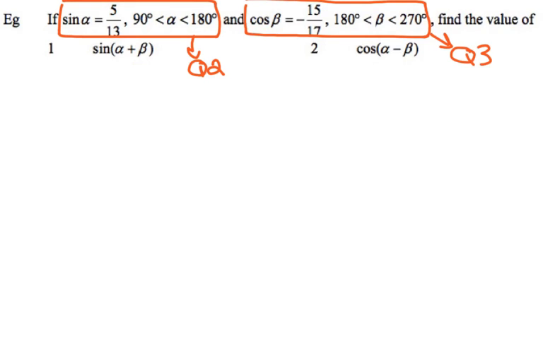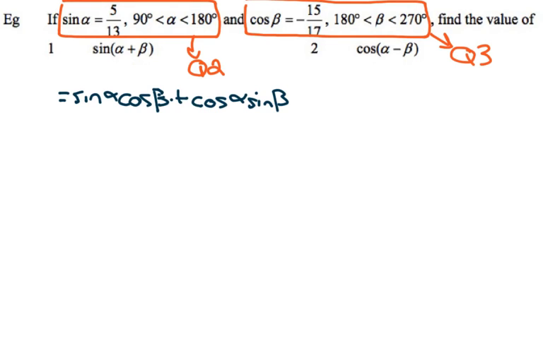Question 1, we have to find sine of A plus B. And in order to do that, we need the right side of that equation. So the right side of sine A plus B is sine A cos B plus cos A sine B. So there's 4 things we have to know.